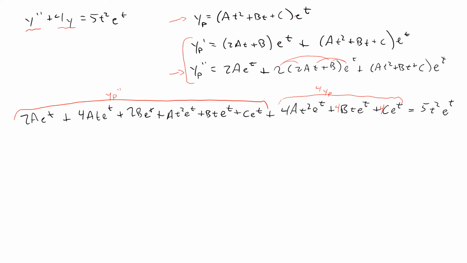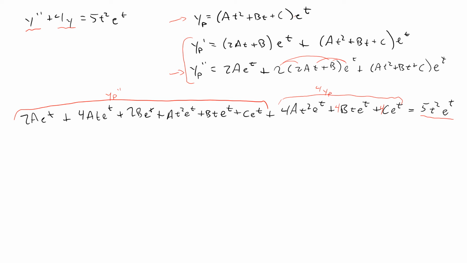Okay, glad I caught that. Okay, so now that I've written this down, it looks like a big ugly mess, but in the end, this whole ugly thing on the left-hand side needs to match what we have on the right-hand side of the differential equation, the 5t squared e to the t.